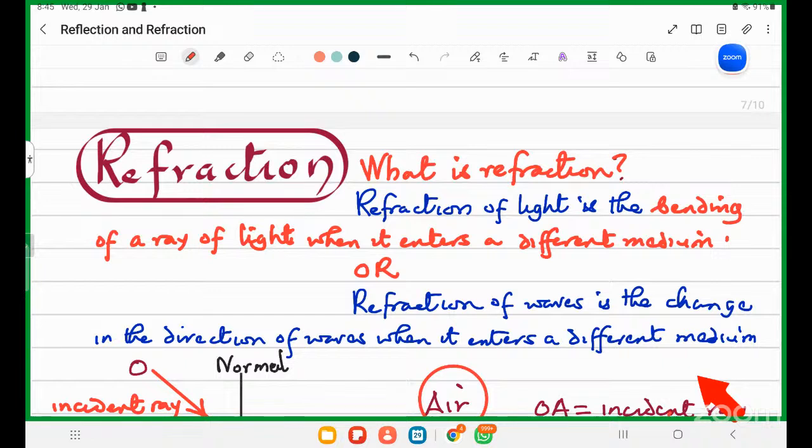So when the density is small, it bends away from the normal because the speed increases. Okay. How about Marvelous?